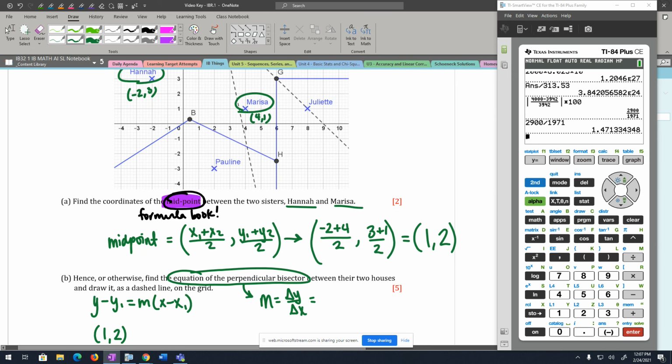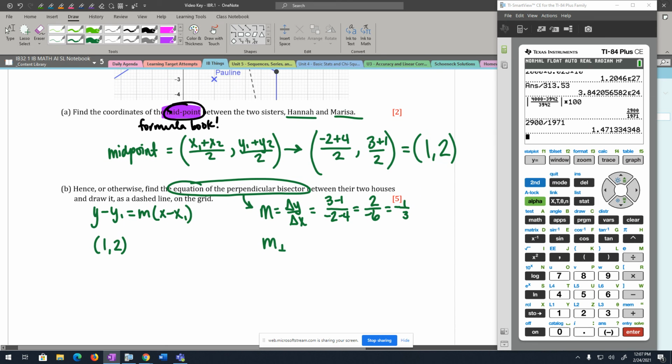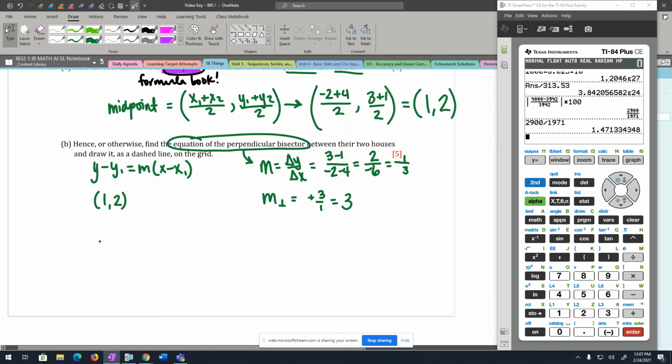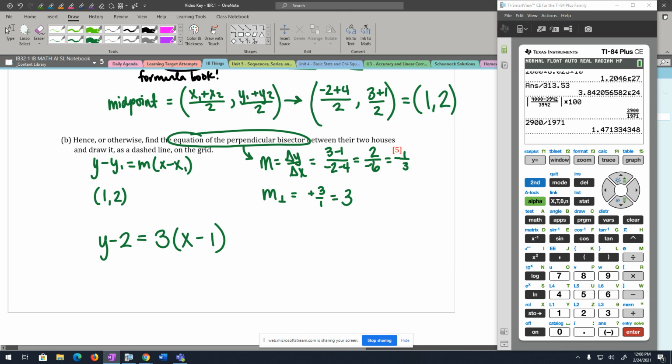We've got 3 minus 1 over -2 minus 4, which is 2 over -6, or -1/3. So the slope of the perpendicular is a positive 3 over 1, or just 3. And now we plug everything in. So it's going to be y minus 2 is equal to 3 times x minus 1. And it did not tell us how we wanted to answer it, so that's good enough.